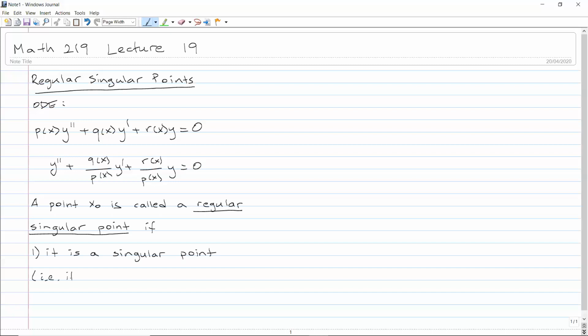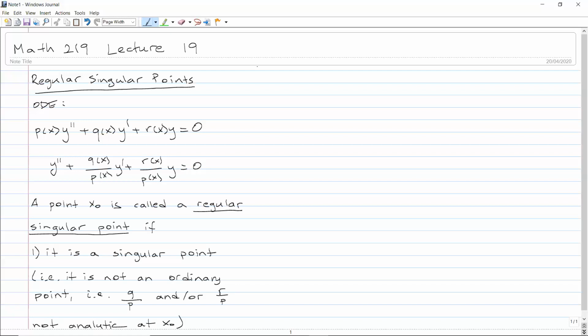It means it is not an ordinary point. What does that mean? The functions q over p and or both of them may not be analytic, or just one of them not being analytic is enough. r over p not analytic at x0.